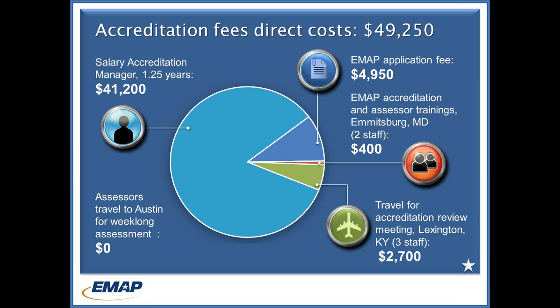We also had to pay for our EMAP application fee, about $4,900 for that. And we traveled to Lexington, Kentucky, and I took myself and 2 others, so it cost us about $2,700. So we were just showing all of the costs. A lot of that cost can be taken out. Not everybody has to use all of that particular cost. Next slide.